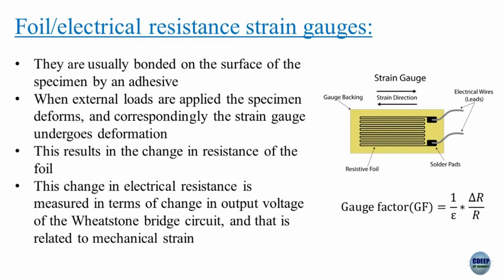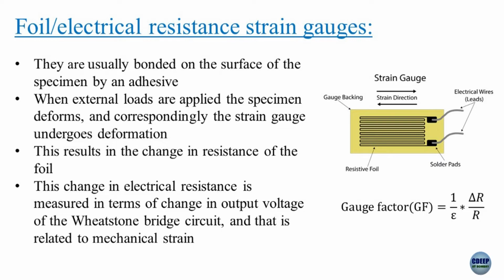In the experiment, I will be showing you how to use foil gauges to measure strain in a material. Strain gauges are metallic or semiconductor devices whose electrical resistance is sensitive to strain. They are usually bonded to the surface of the specimen by a bonding agent. When external loads act on the specimen, it undergoes deformation and correspondingly the strain gauge undergoes deformation.